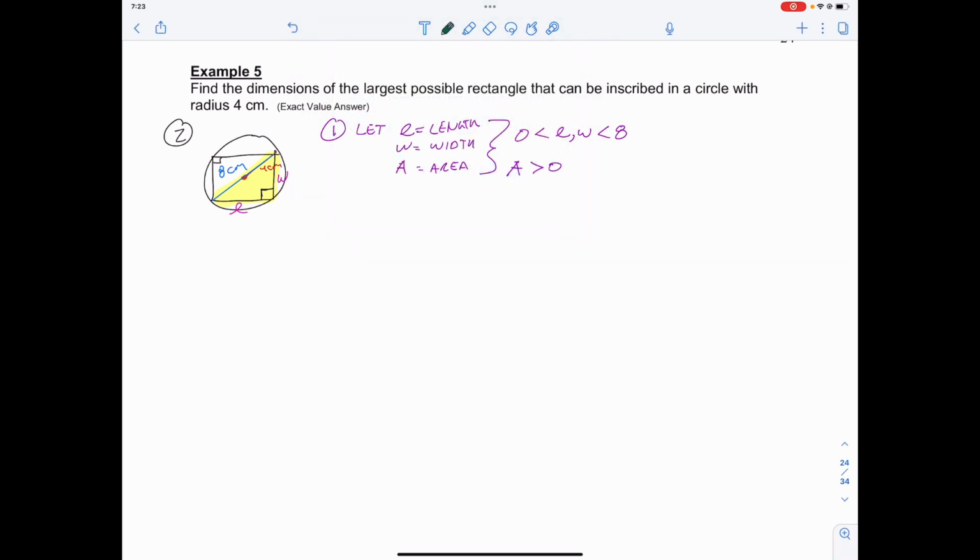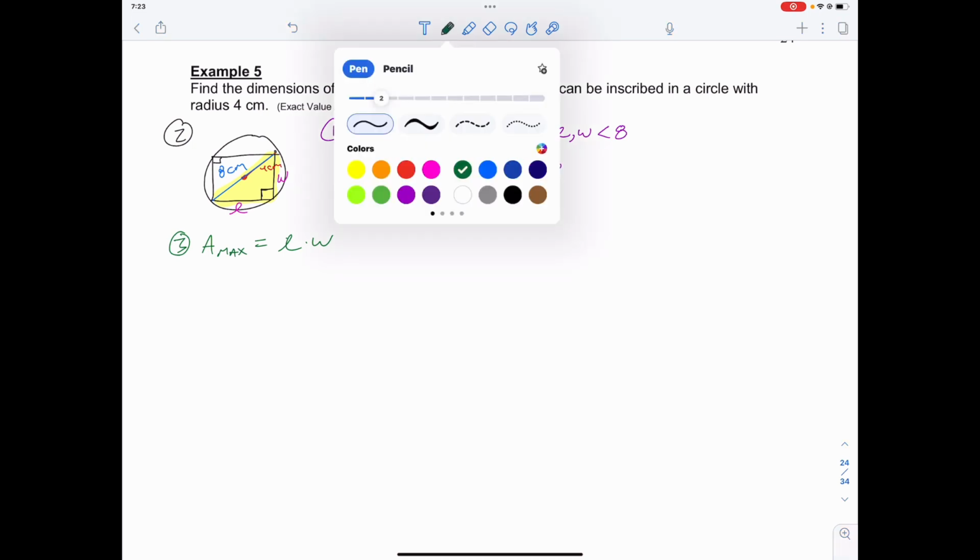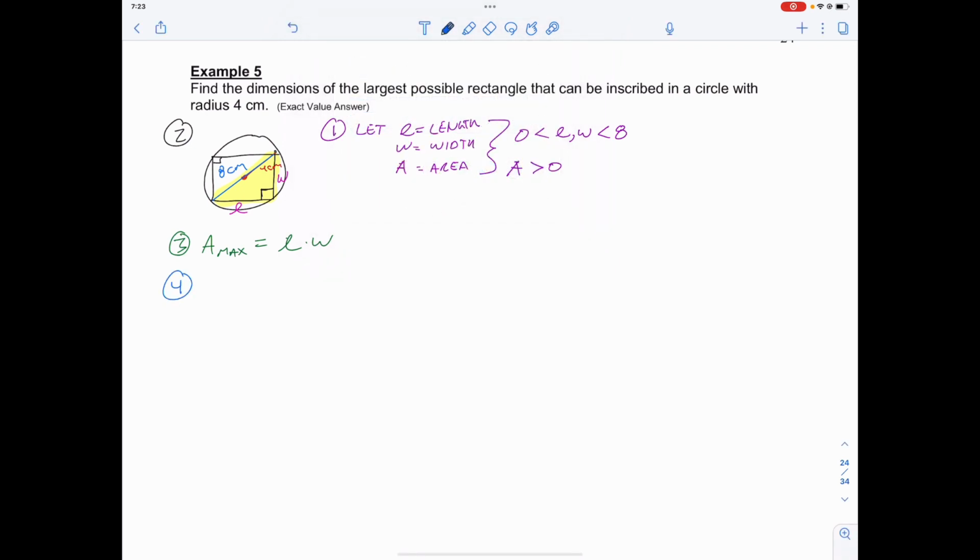Now, because we're going for the largest area, we're looking for the area maximum, and the area of this rectangle is going to be the length times the width. When we turn it into one variable, we're going to be doing it based on the fact that that is a right angle triangle, which means that the length squared plus the width squared has to equal the diameter, the hypotenuse, 8 squared.